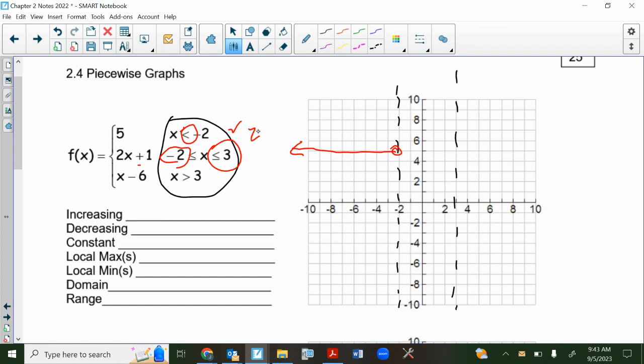So do a little math on the side: 2 times -2 plus 1 is -4 plus 1, so -3. So -2, -3, and it is a filled-in circle because it's or equal to. Then do the same thing with 3: 2 times 3 is 6, plus 1 is 7. So 3, 7 way up here. Then connect them as best as you can in a straight line.